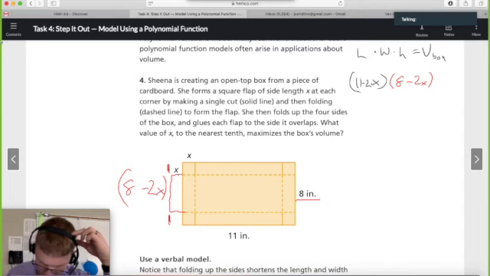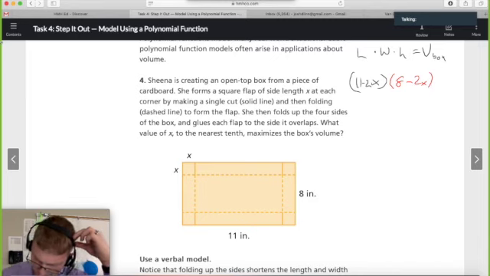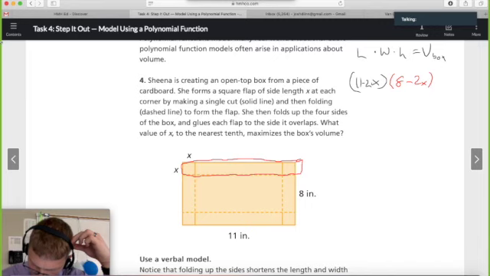And then what is our height going to be? So think about that. If we're folding things up, like the diagram shows, this little piece right here, this whole thing would be folded up, and that would be our height. So how high is this part right here?